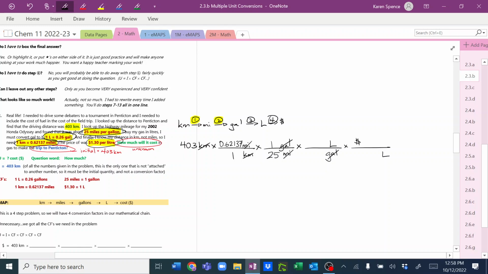Gallons per liter, for every 1 liter there are 0.26 gallons, and the price was $1.30 per 1 liter.